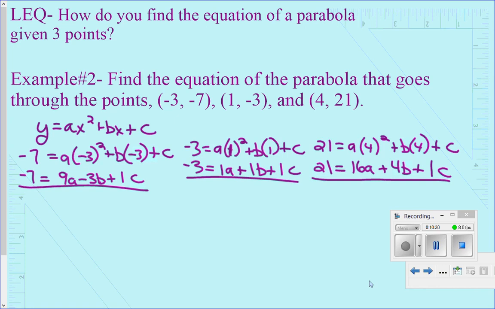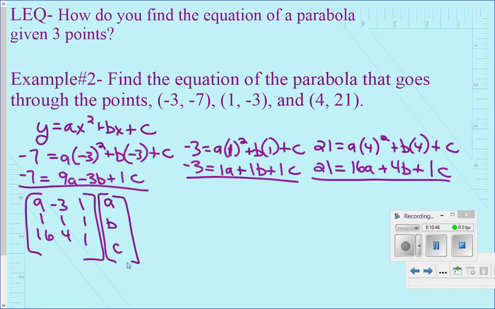Okay, so our matrices, 9, -3, 1, 1, 1, 1, 16, 4, 1. Variables, and then -7, -3, and +21.